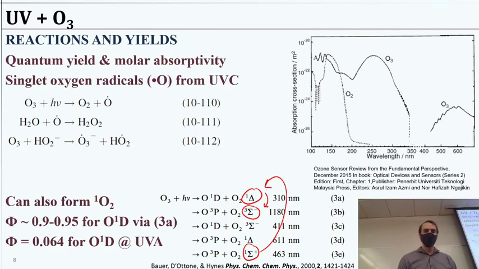I think that's the order in which things happen, or something like that. And what you'll notice here is there are energy levels for both pieces. So if you have a really high energy photon, you get two high energy products, this one being the higher energy of the oxygen radicals. So this is high energy, and this is fairly high energy.